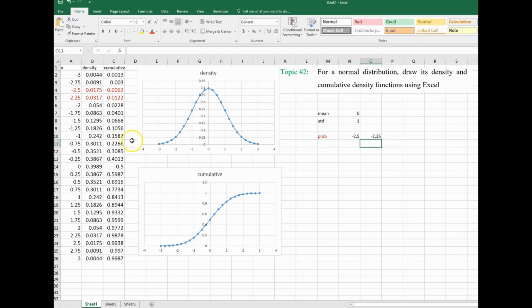Actually, the probability between these two values is the difference between the two cumulative values. So it equals 1.22% minus this one. This is the probability we are going to see between these two values, negative 2.5 and negative 2.25.